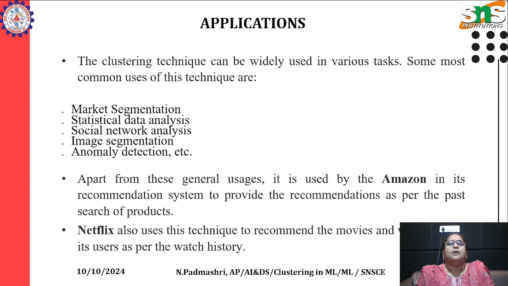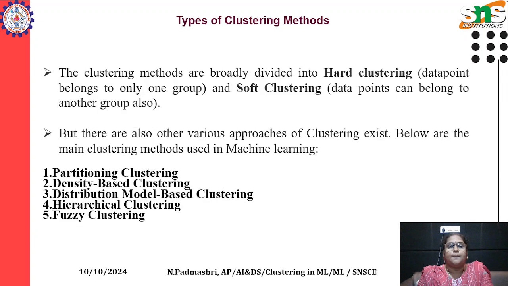Because it improves the customer purchase, and also provides the customer the things very quickly. And one more thing is Netflix also uses the same technique as a movie recommendation system. They recommend movies and web series, so they also follow the same clustering technique.